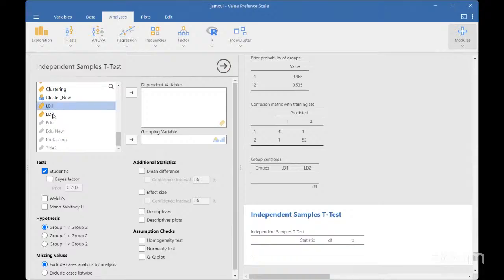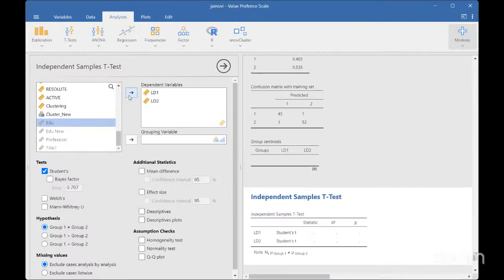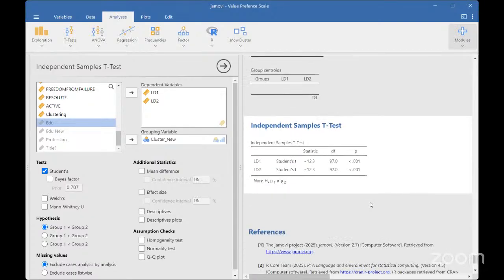First take LD1, both can be done. Grouping variable will be cluster new. Again, it is highly significant.